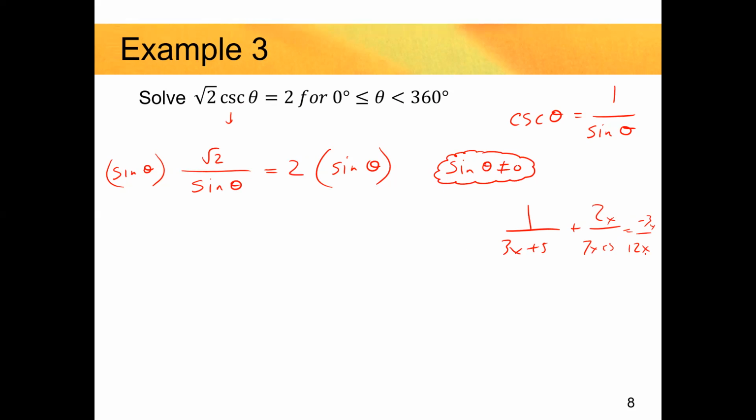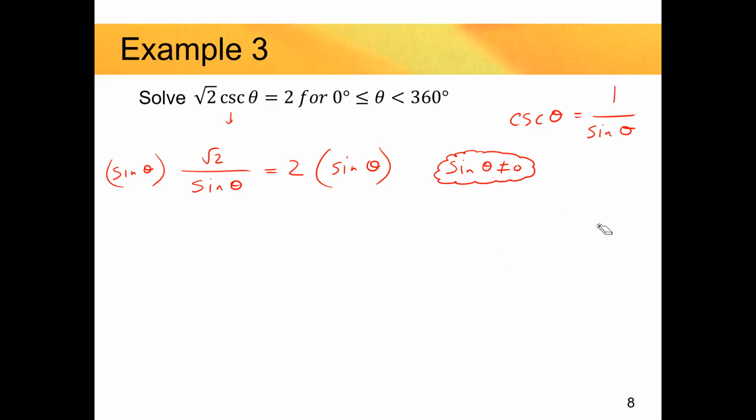These are called rational equations. You have variables on the bottom, and you had to determine that x can't be equal to negative 5/3 because it's going to give you a 0 on the bottom. So you can't use those answers. Do you remember that? Okay, gotcha. All right, never mind on that.